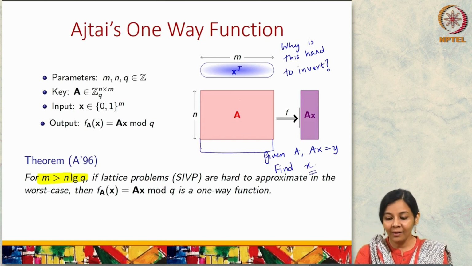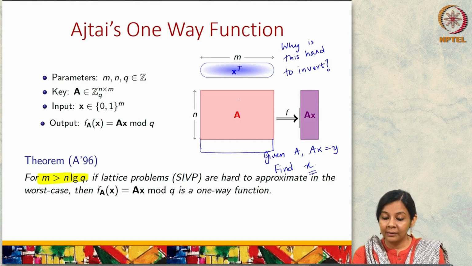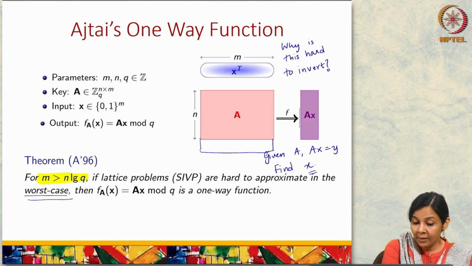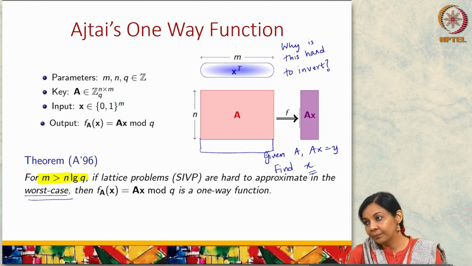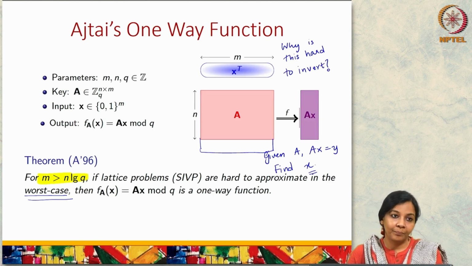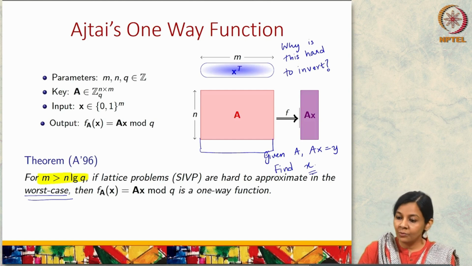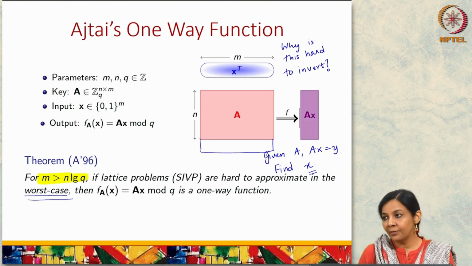I am claiming something very strong: if you could invert this matrix-vector product, you could find approximate solutions to a shortest integer vector problem in the worst case, not even in the average case, on some kind of worst-case lattice. Why is that?